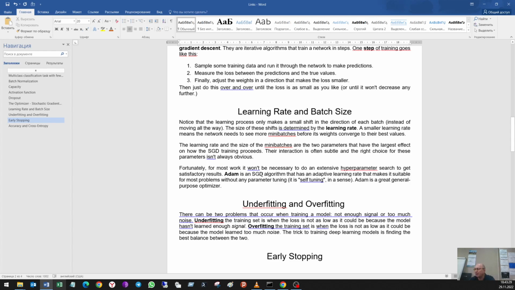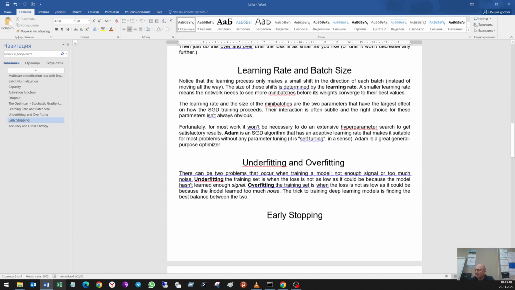ADAM is an SGD algorithm that has an adaptive learning rate that makes it suitable for most problems without any parameter tuning. So use ADAM, don't think about learning rate. ADAM is a great general purpose optimizer.